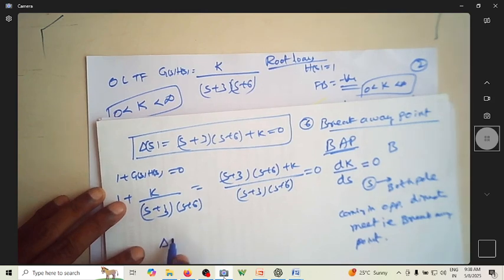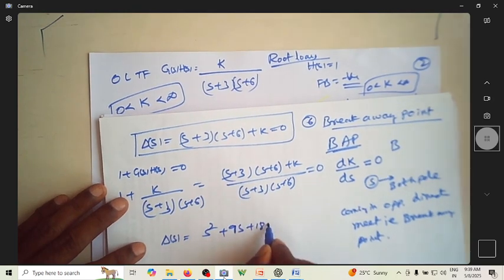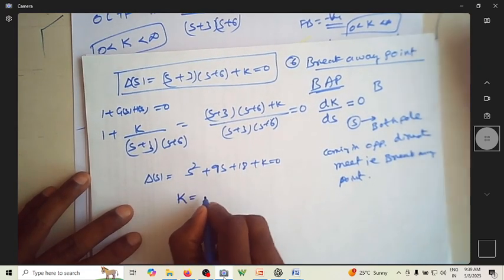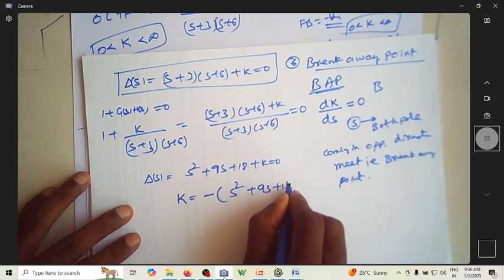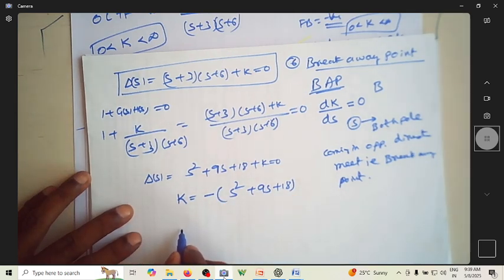So can I write now del of s is equal to s square plus 9s plus 18 plus k equal to 0. Then can I write k is equal to minus of (s square plus 9s plus 18) is my k value. So now can I write what is dk by ds?